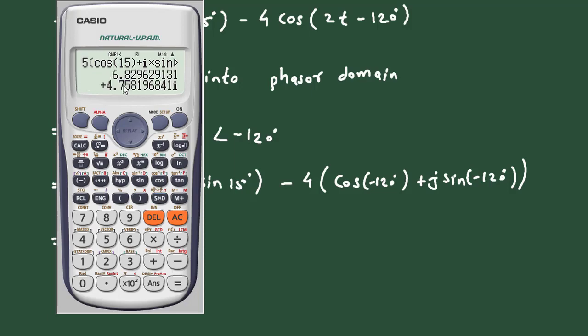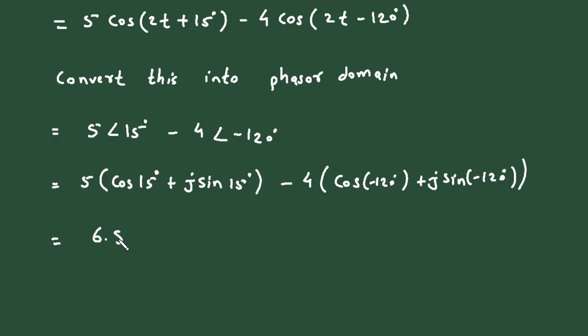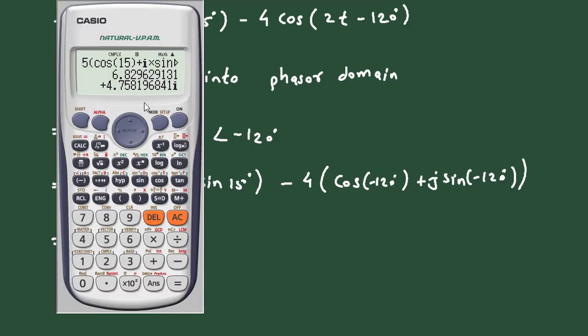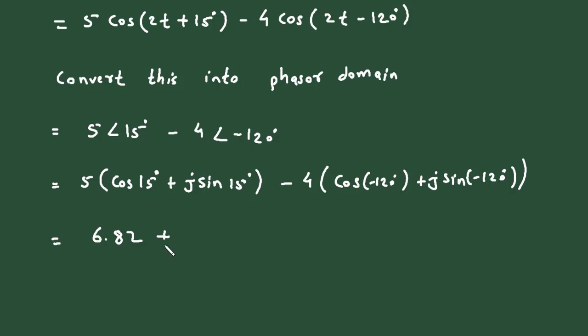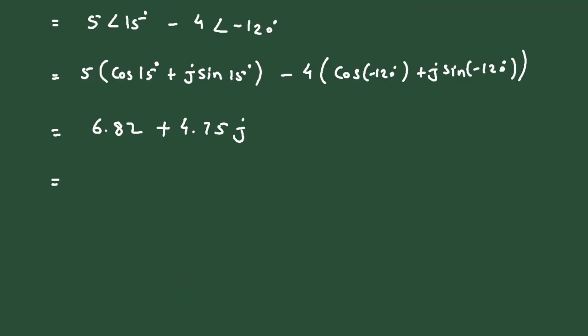So it is equal to 6.82 plus 4.75 plus 4.75 j. Now again this is in rectangular form, so we can convert this into its equivalent polar form.